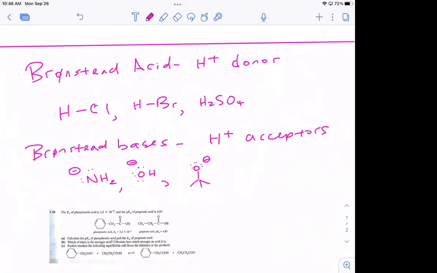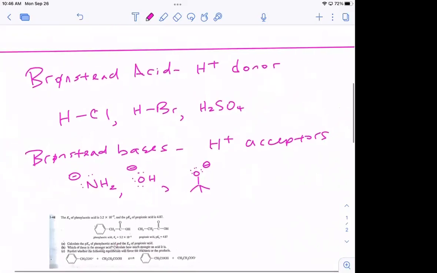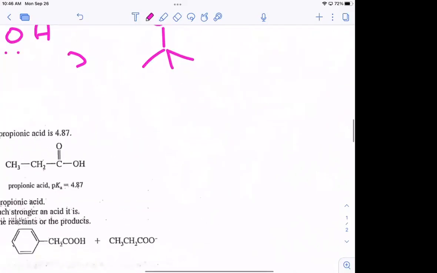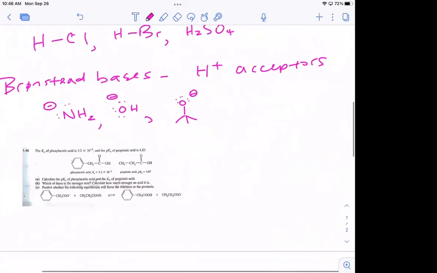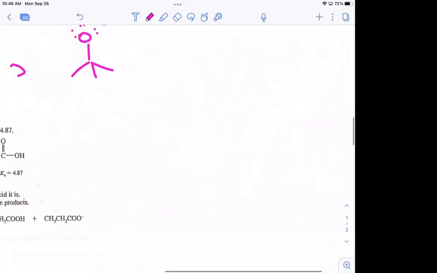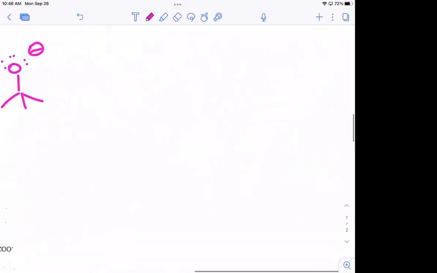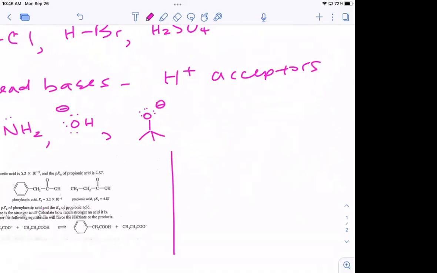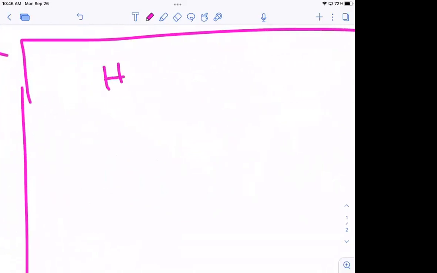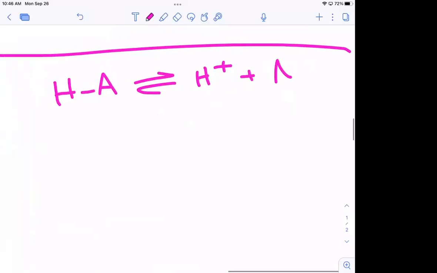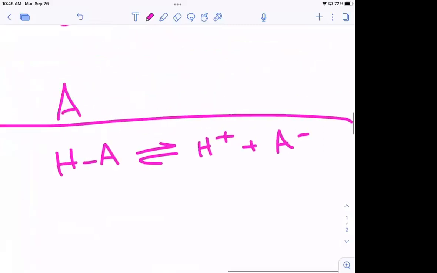But in GChem, when we learned about acids and bases, we learned how to determine acidity based on what we call Ka, the equilibrium constant for acid dissociation.